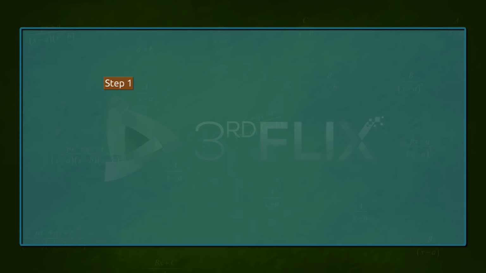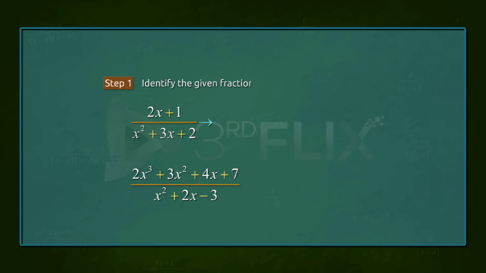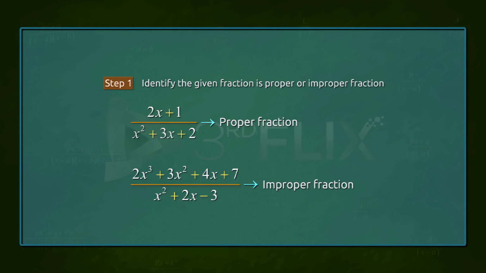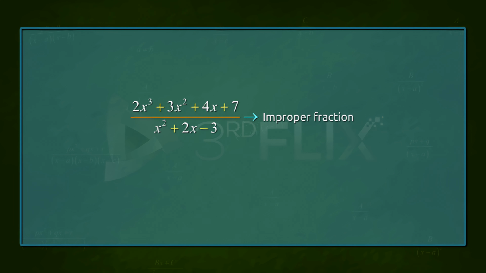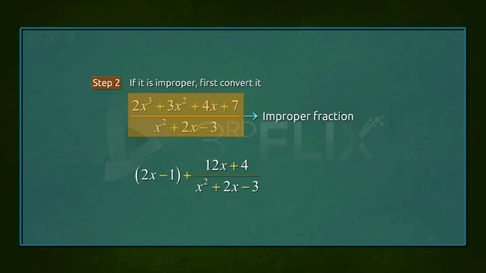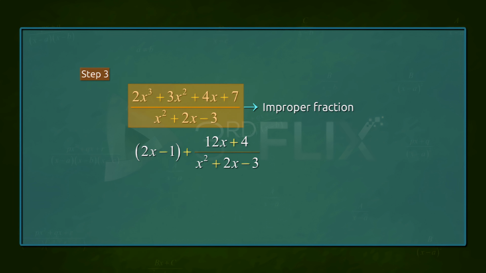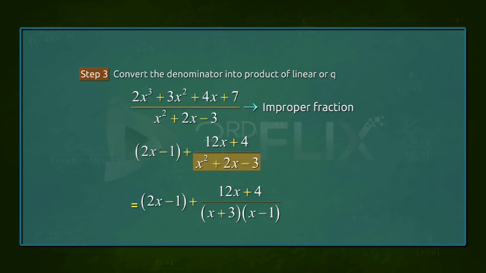Step 1: identify if the given fraction is a proper fraction or an improper fraction. Step 2: if it is improper, first convert it into a mixed fraction by division. Step 3: convert the denominator into a product of linear or quadratic factors.